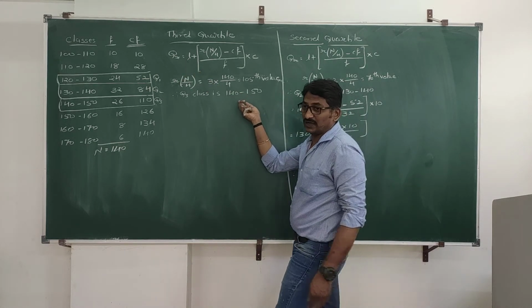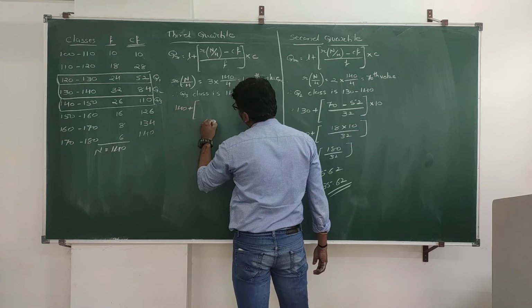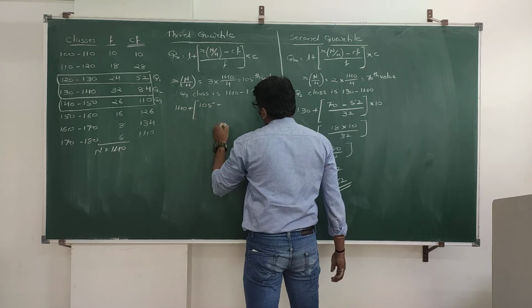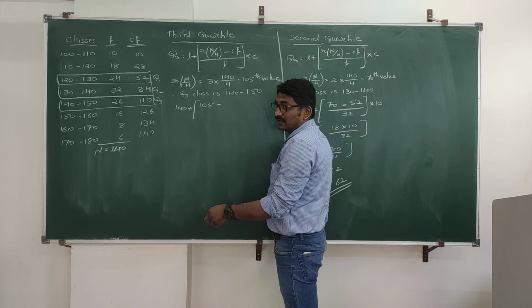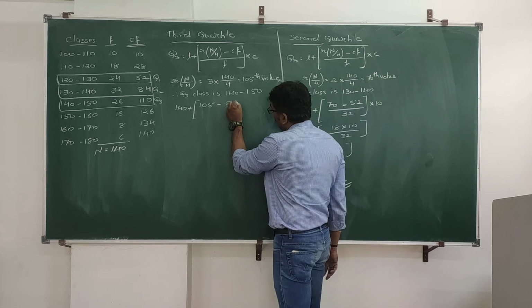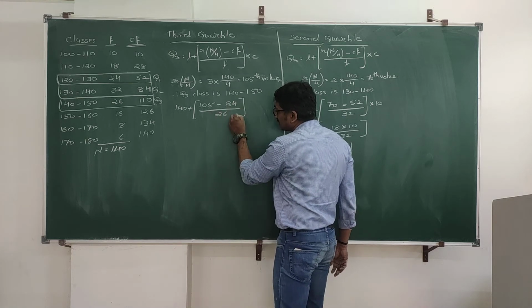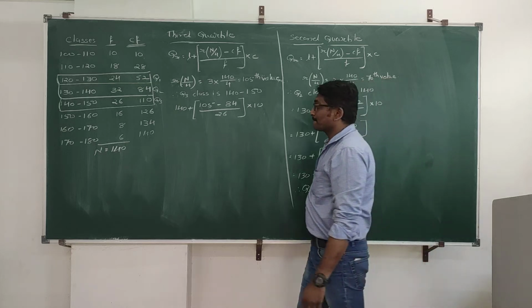Lower limit is 140. 140 plus into bracket Rn by 4 is 105 minus CF. What will be the CF value here? 84, divided by the frequency of this class, which is 26. Bracket complete into the difference in class interval, which is 10.